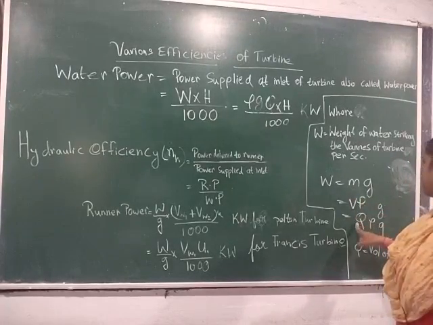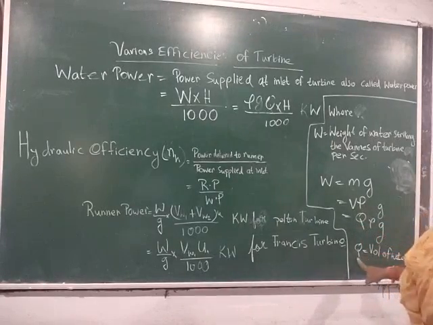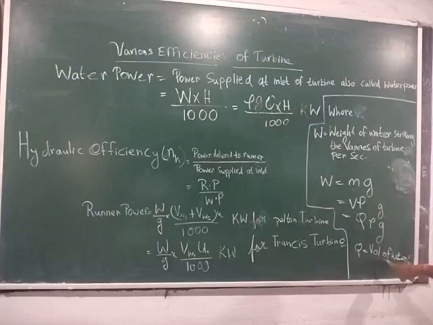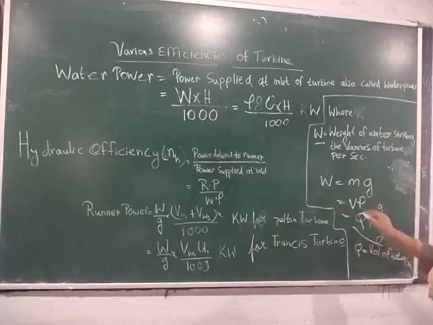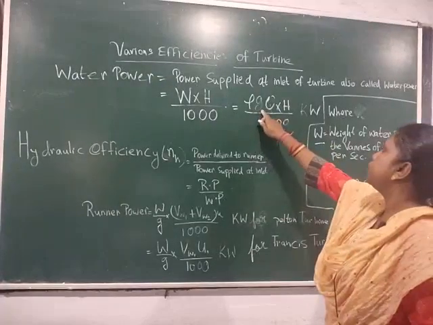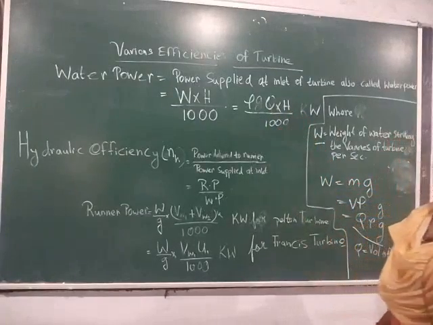Next, this can also be written as Q into rho into g, where Q is the volume of water per second. So hence in place of W, you can write rho into g into Q into H, your net head, divided by 1000.